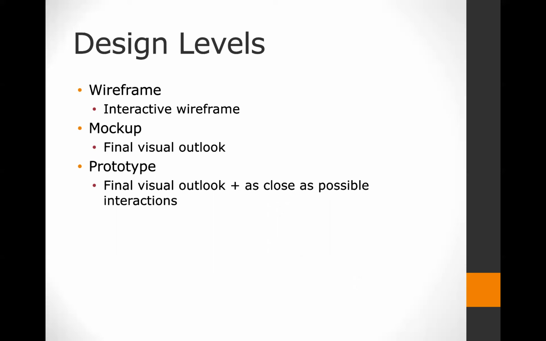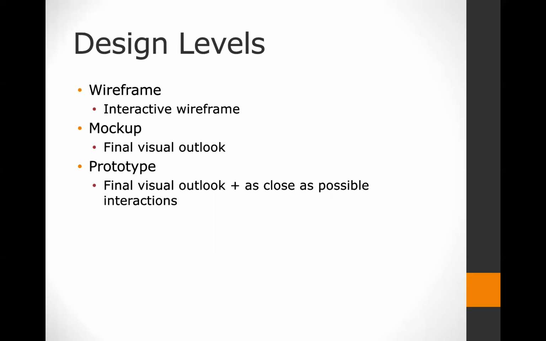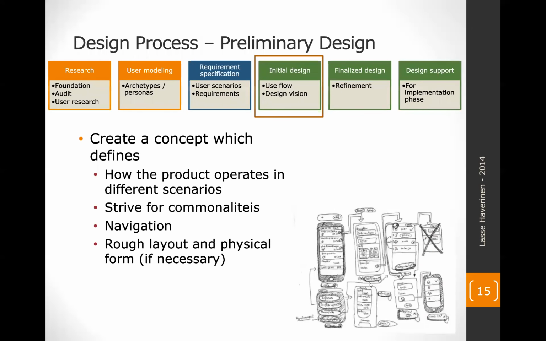So a wireframe means simply that the design is basically sketched. It has no colors in it, and typically this is a tool for the initial process. So this one, what is seen here on the bottom right, would be a wireframe.